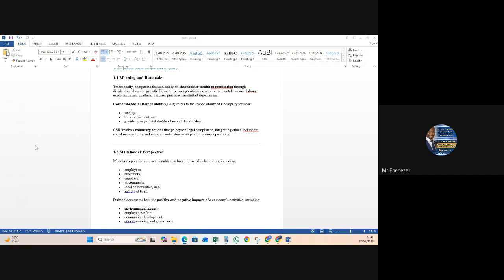Now, stakeholders assess both positive and negative impact of a company's activities. Do you understand? That's why some people just sit down and say, that company, they are not good. People are enjoying their product outside, but when you go to their production site, people in that community hate them.